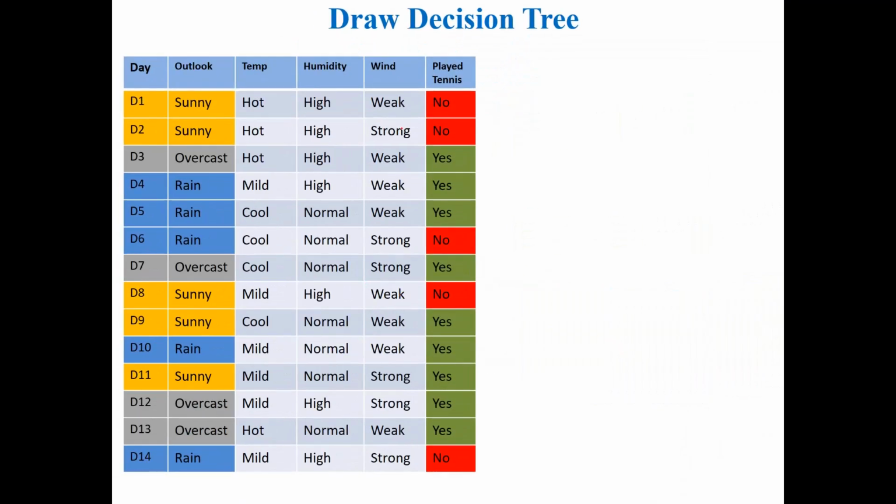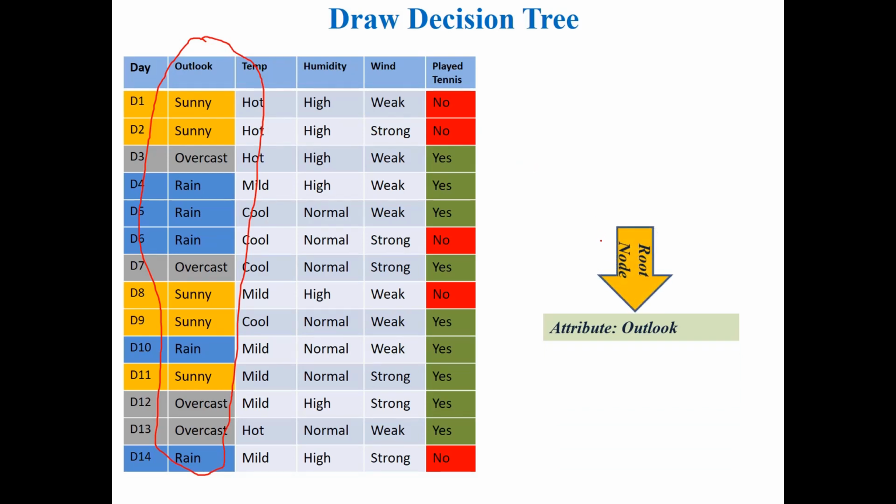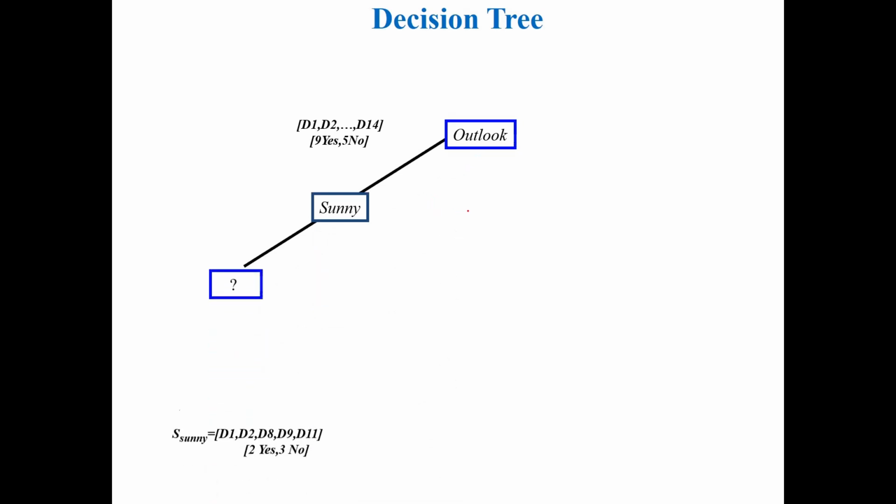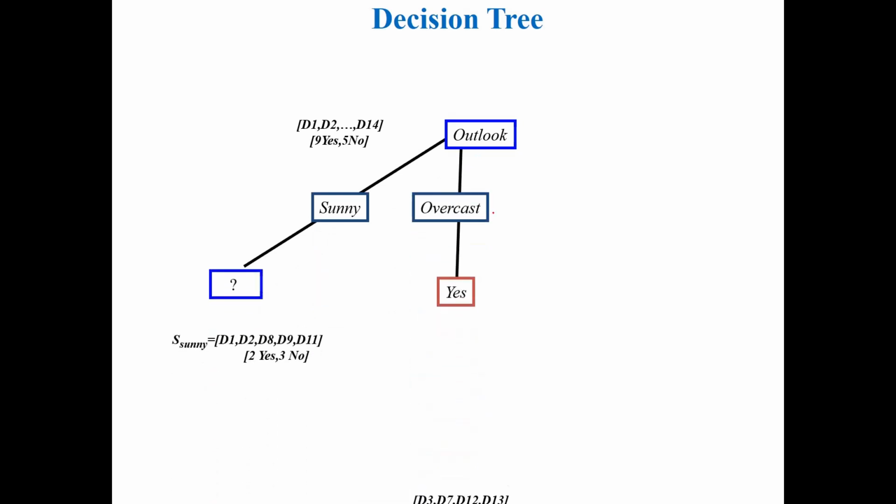So now this outlook attribute is our parent node, and we will start drawing the decision tree considering this as a parent node. Now we know that there are 14 examples of this outlook, and this outlook has got three values: sunny, overcast, and rain.